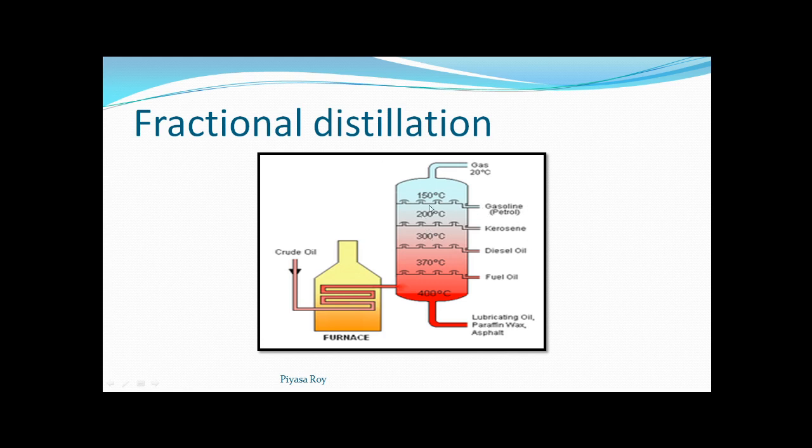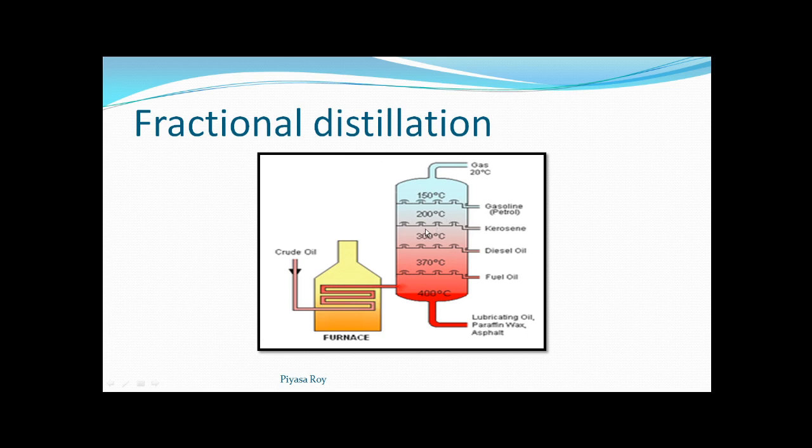Here you can see gasoline, this will vaporize at 150 degrees centigrade. So when we heat the crude oil at 150 degrees centigrade, gasoline will vaporize first and then it will condense and that can be collected.